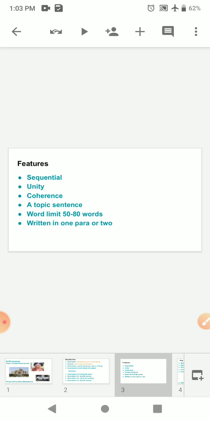So there are different linkers with the help of which you can connect your ideas. Basically, these are the glue that holds your sentences together. Then comes the topic sentence. This topic sentence expresses the main idea, what the factual description is all about, and it controls the whole factual description.